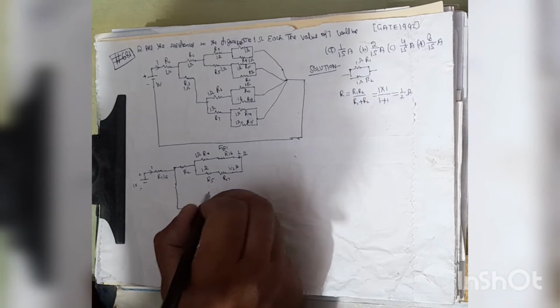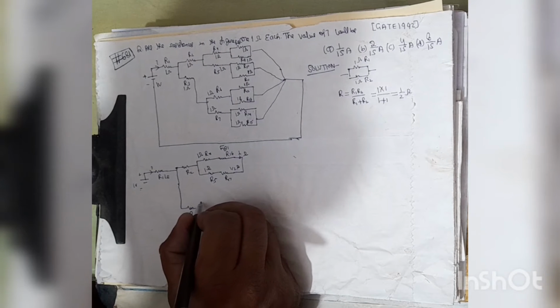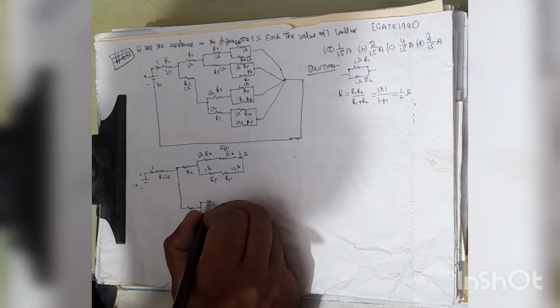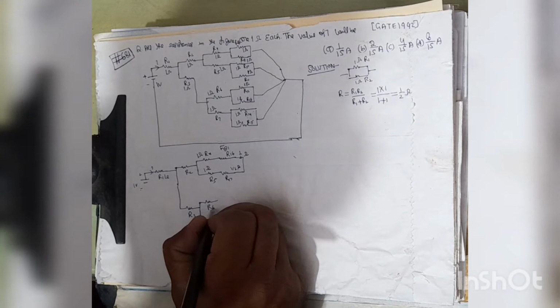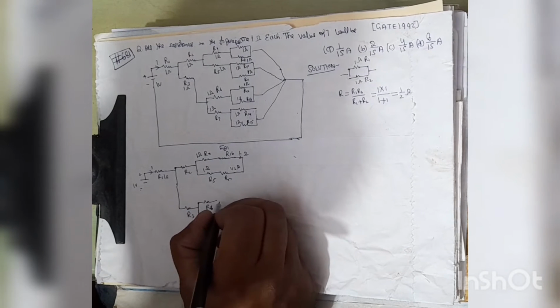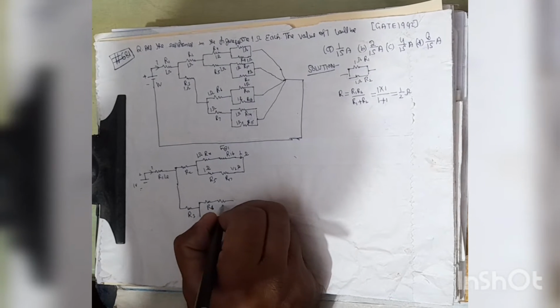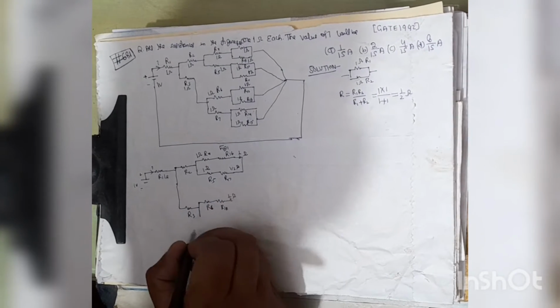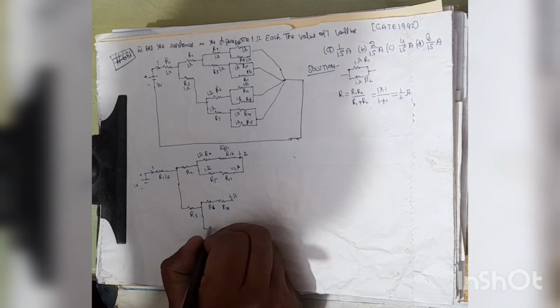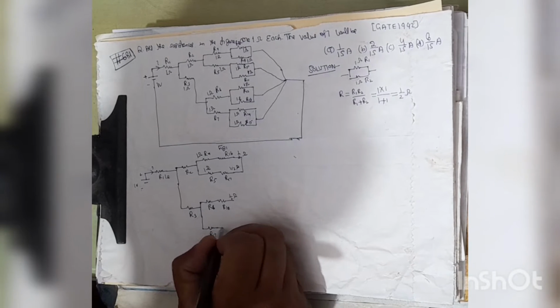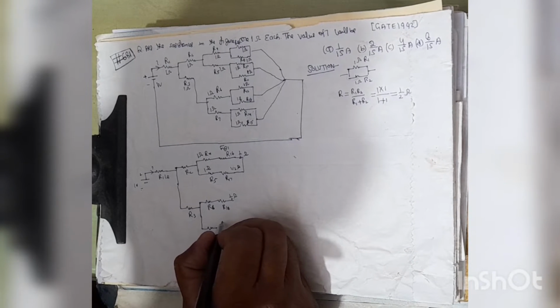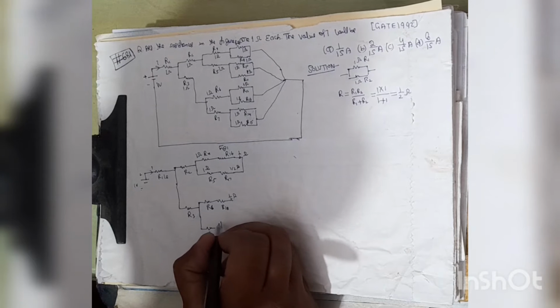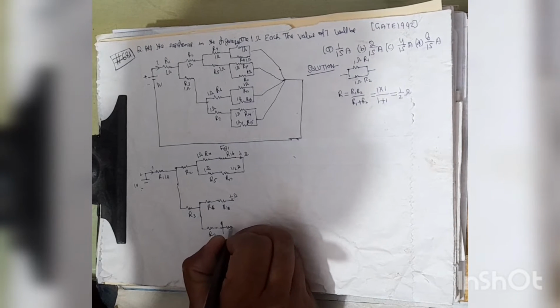Similarly here this is R6 and the parallel combination of R12 and R13, let it be R18. So this is R18, this is half ohm. Similarly here this is R7. Now the parallel combination of R14 and R15, let it be equal to R19.